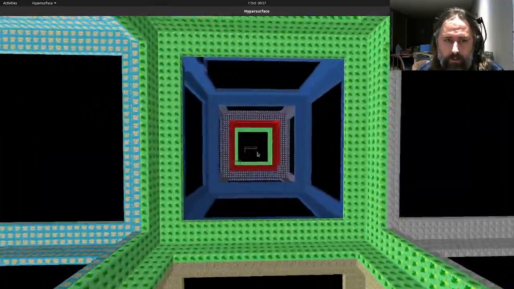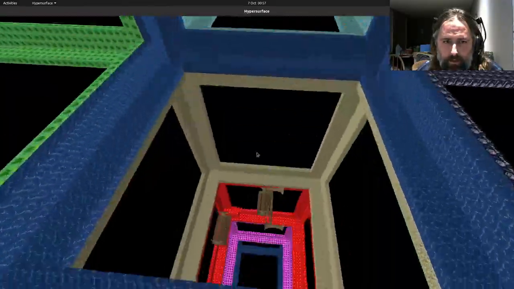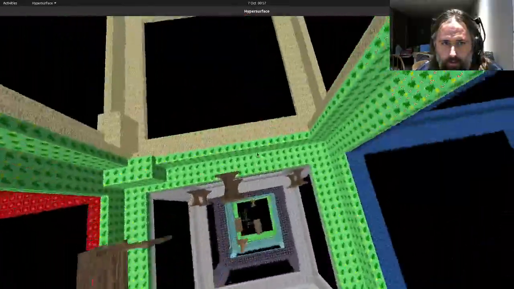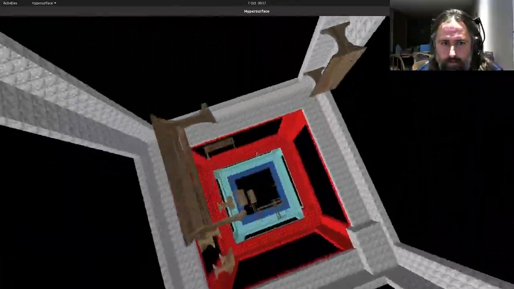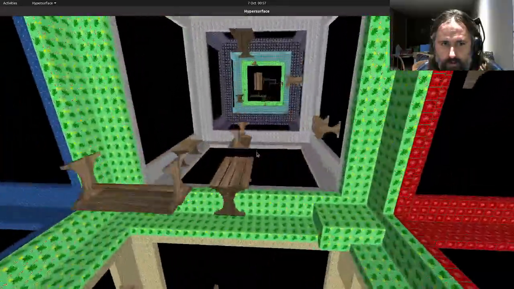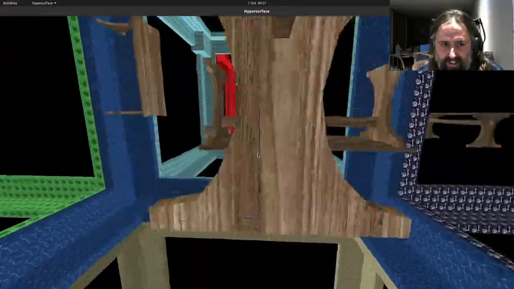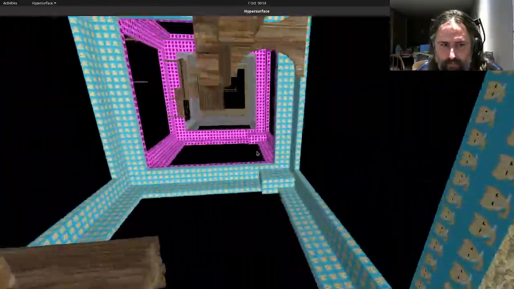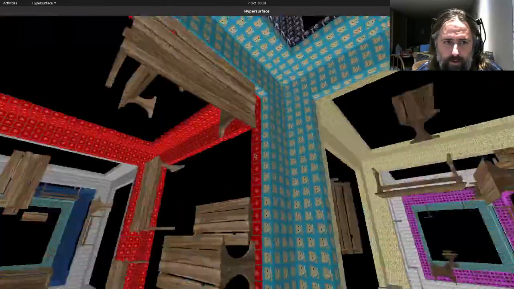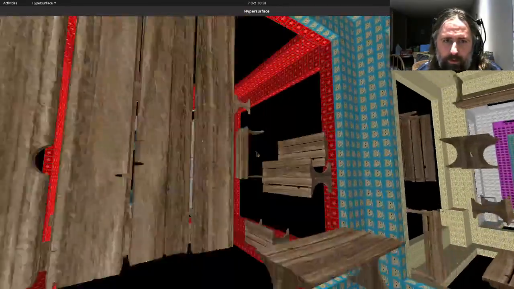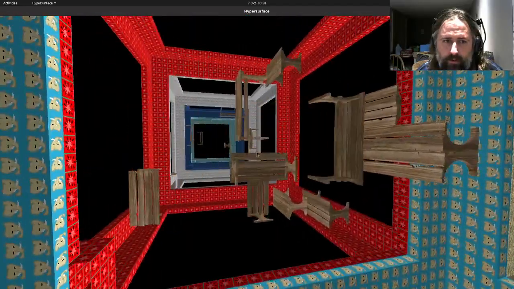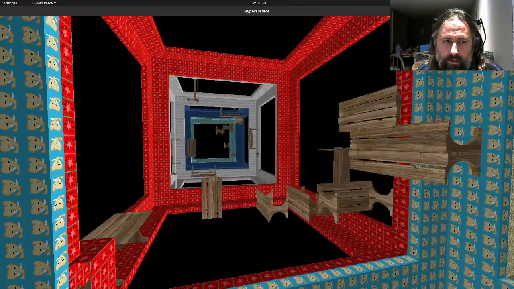Now I can zoom around spawning picnic tables all over the place, and then it'll turn into a weird fever dream of stuff colliding in ways that's not nice. Okay, so I've just spawned, I don't know, 30, 40 picnic tables. Unfortunately there's no drag. I might put some drag in.